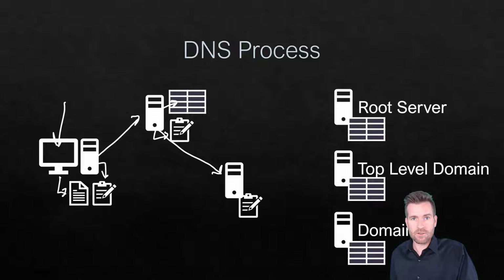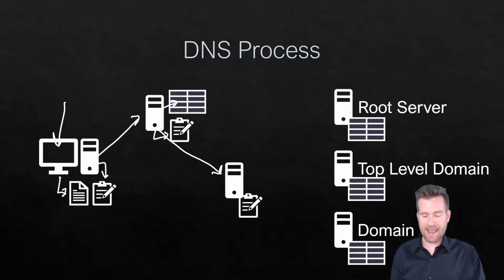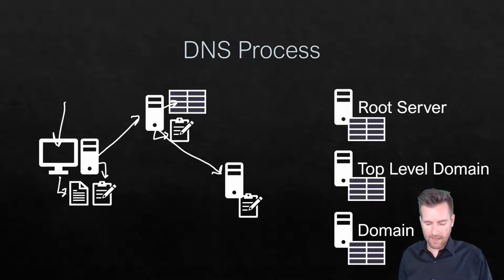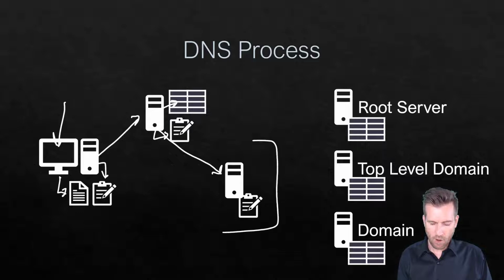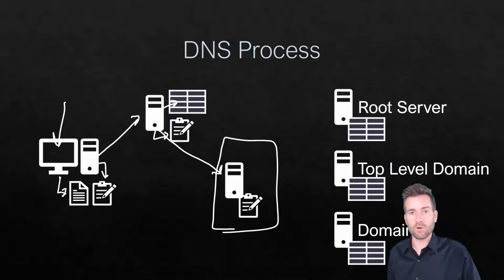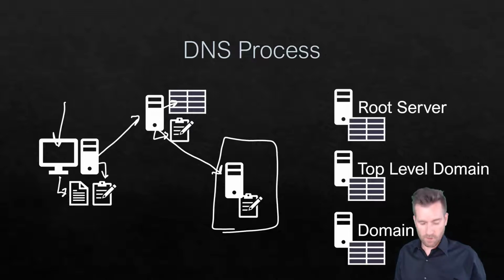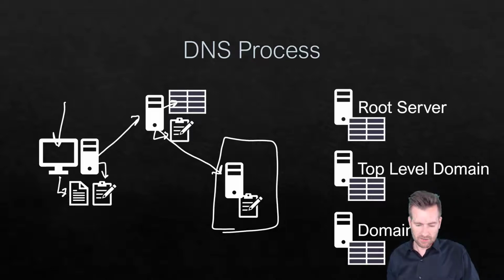So we're going to say that there's some sort of forwarder, and it now is going to forward that onto, let's say this is OpenDNS right here. So it's going to send it off to OpenDNS and their domain name servers. And so then that caching server is going to get it.